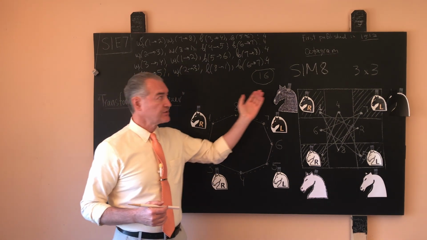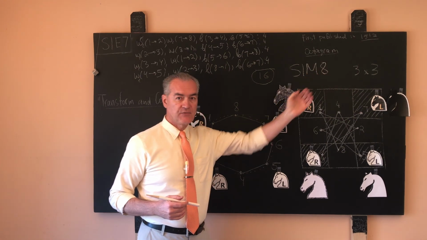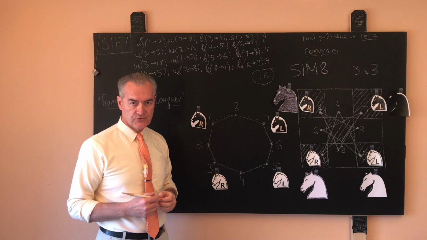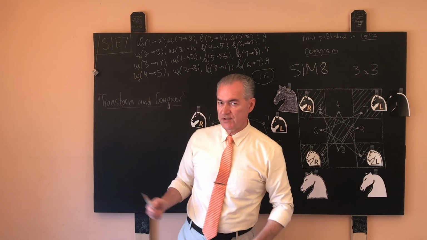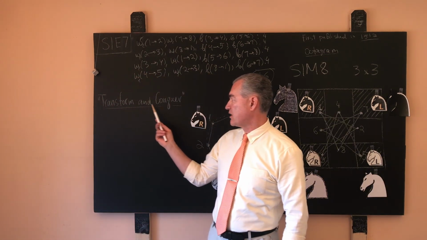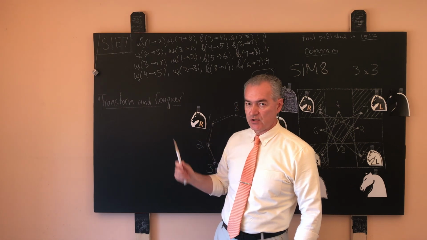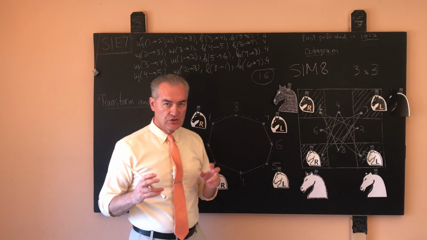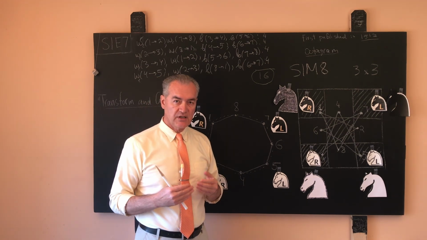The second reason why this problem is quite beautiful and quite hefty mathematically is because in our sequence, this was problem number 8. It means that for the previous 7 problems that we solved, we also used one and the same transform and conquer problem solving approach. We solved each such problem very slowly and thoroughly. We explained every step.